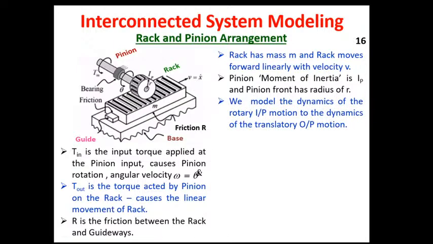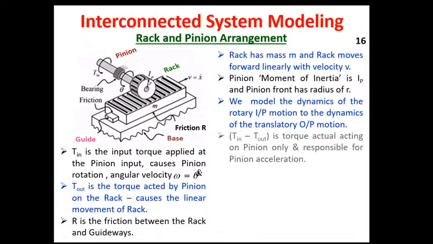So we model the dynamics of the rotary input motion. Rotary input motion is coming from the motor, and linear output motion is obtained from the rack, while rotary input motion is obtained from the pinion. How this rotary input is converted to linear output motion is nothing but the modeling problem, so that we will model.